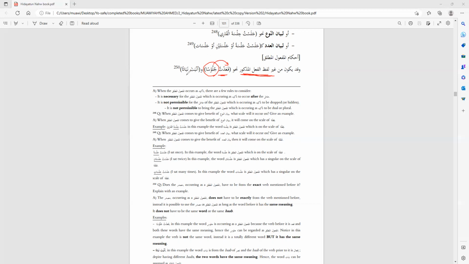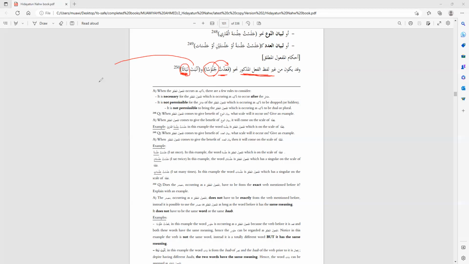Or ambata nabatan. This is a tricky one. Ambata yumitu imbat means growing. Nabata yambutu nabtan wa nabatan also means growing. Now the author is giving an example of when the maf'ul mutlaq is a different word. Is nabatan a different word to ambata? It looks like it comes from the same word, but okay.